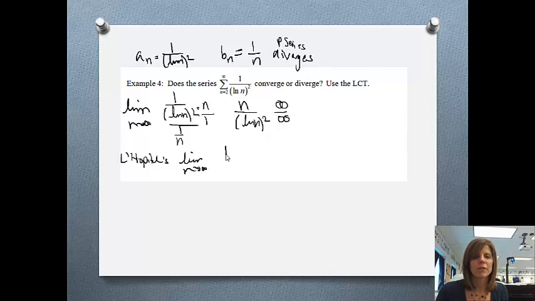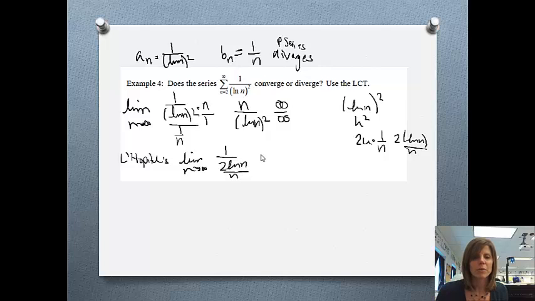The derivative of n is 1. The derivative of the ln squared, please remember that we'd have to make this u squared. So the derivative would be 2u times the derivative of ln, which would be 1 over n. So this is 2 ln n over n.